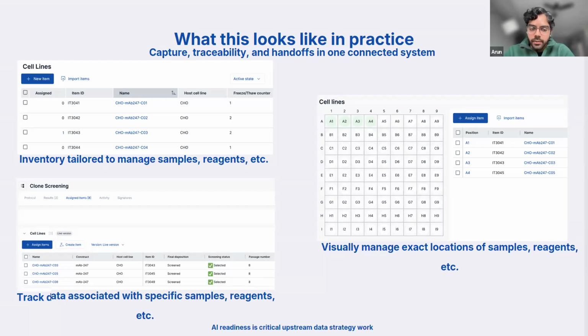And then, of course, the metadata of when was this performed, who performed it, were there any changes after the data was generated. All of this is tracked in a single platform in SciNote.